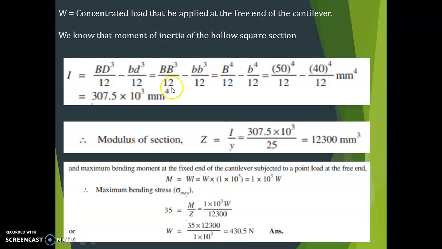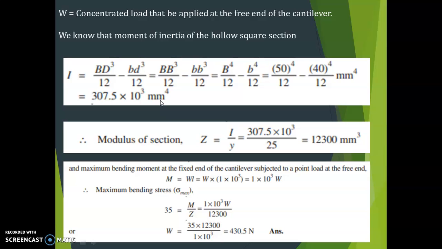So BB cube divided by 12 minus small bb cube divided by 12, or DD cube divided by 12 minus small dd cube divided by 12. So that is B raised to 4 divided by 12 minus small b raised to 4 divided by 12. Substitute the values, 50 raised to 4 divided by 12 minus 40 raised to 4 divided by 12. Okay, when you simplify this, you get I is equal to 307.5 into 10 raised to 3 mm raised to 4.